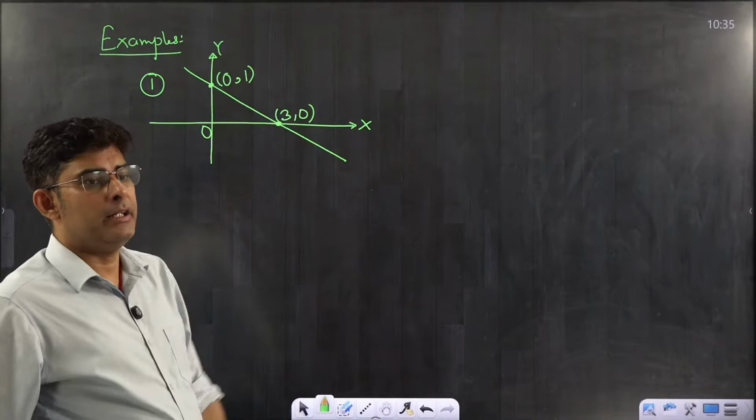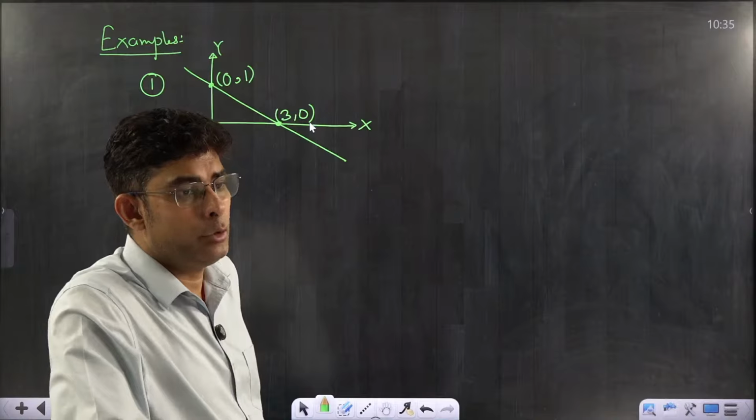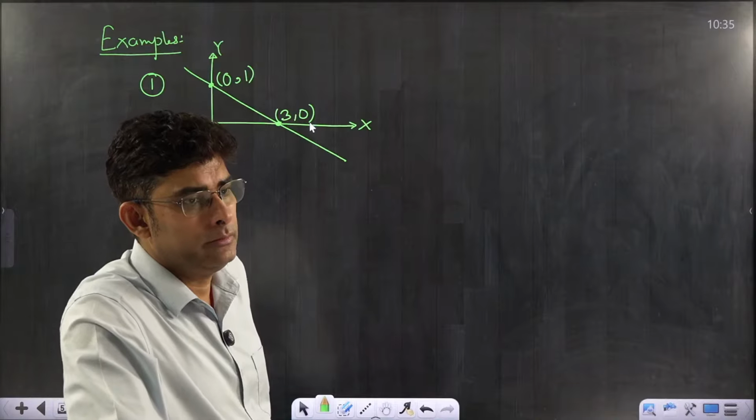Now without finding the slope, can anyone tell me whether the slope is going to be positive or negative? Don't use any formula, just tell me.